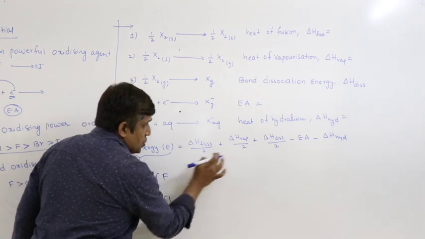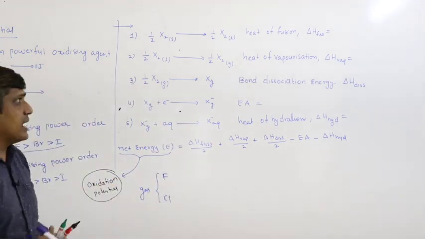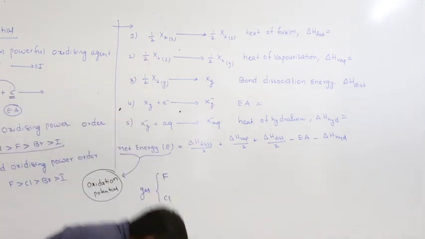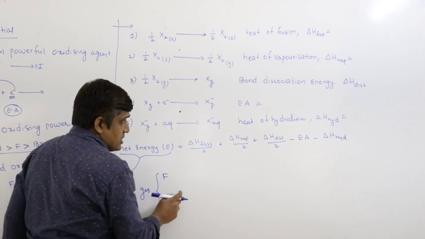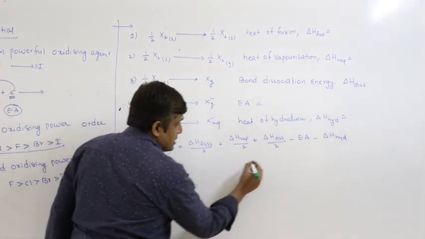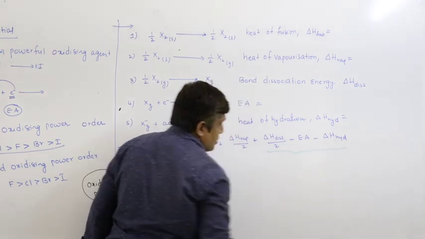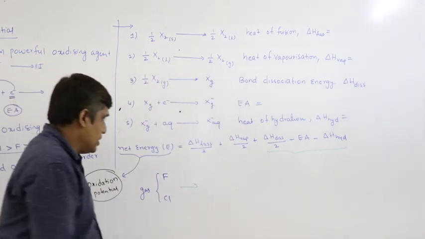So the first two steps are not necessary for fluorine and chlorine because they are already gases. What is left for fluorine and chlorine are these three values: delta H dissociation, electron affinity, heat of hydration.